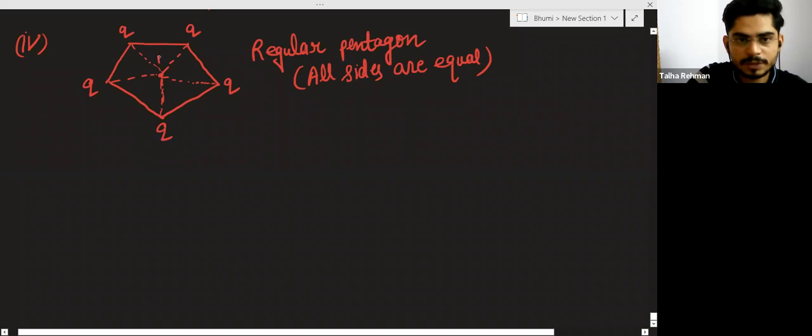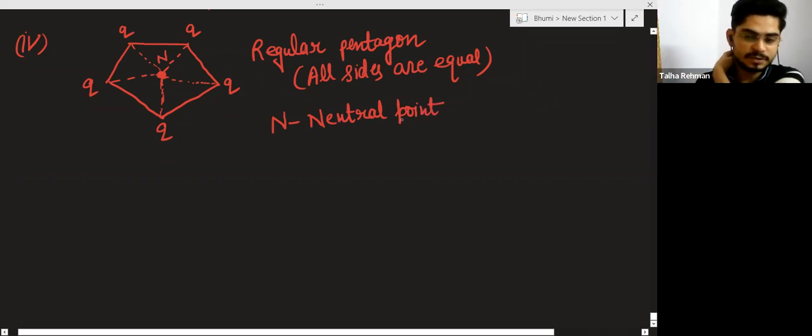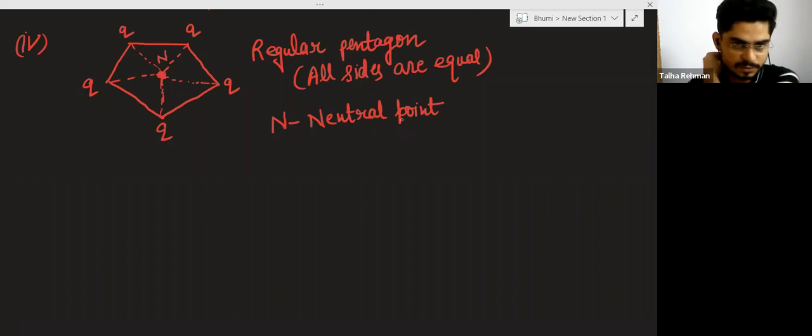This is the neutral point. N is the neutral point, a point where the electric field is 0.